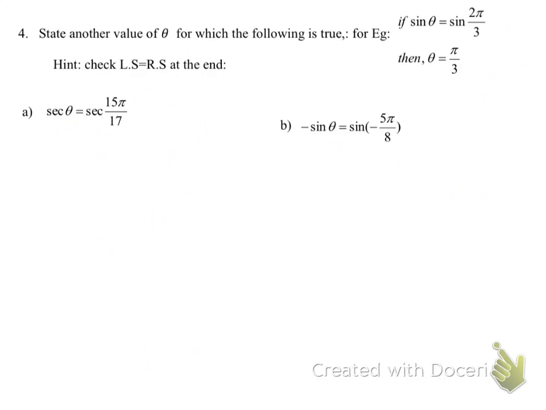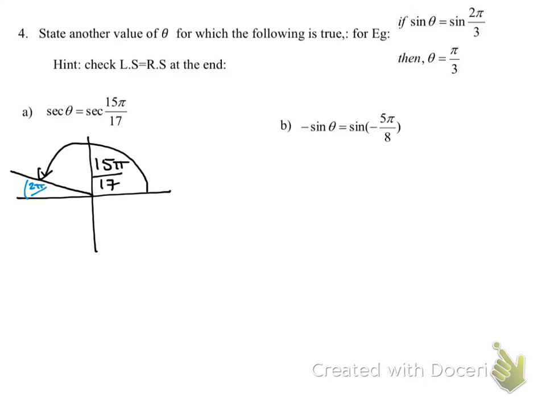Number 4. State another value of theta for which the following is true. So, if we look at our diagram, there's theta, 15 pi over 17. It's a little bit less than a full pi, so that means less than half a rotation. And I know that in there is 2 pi by 17.